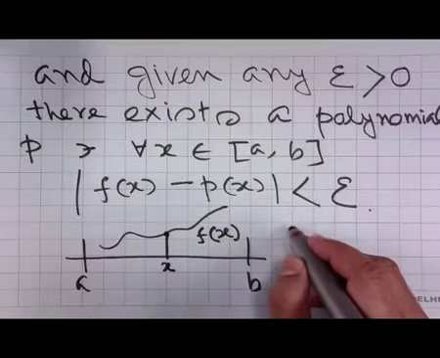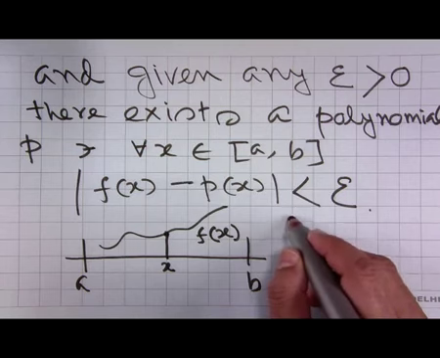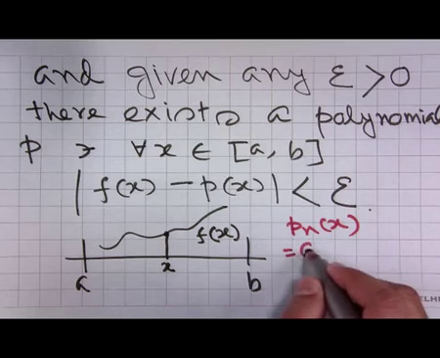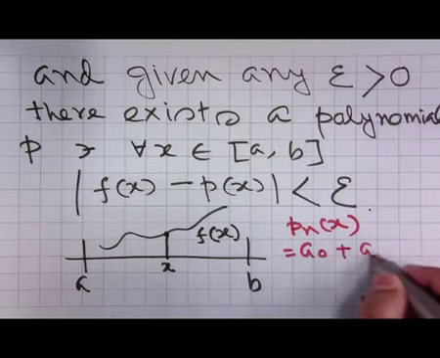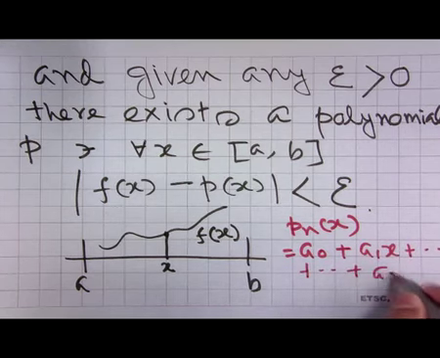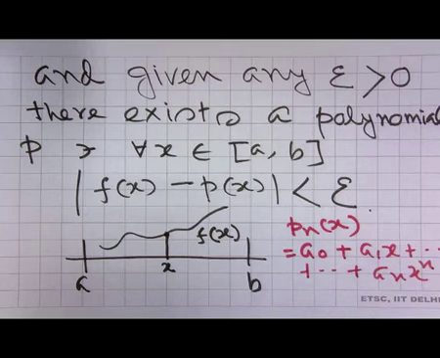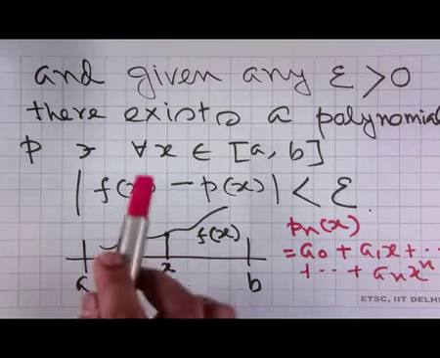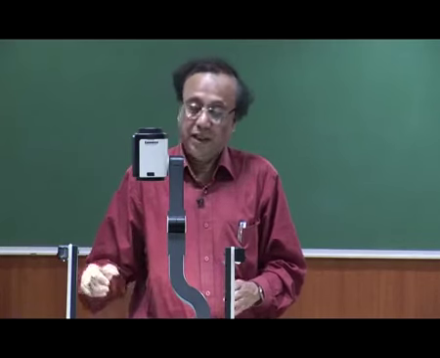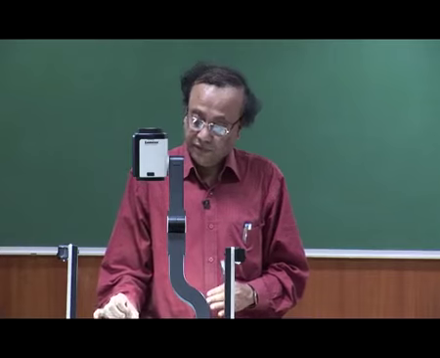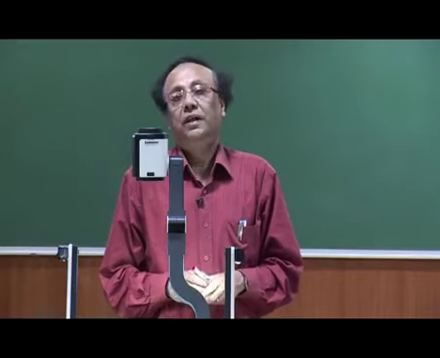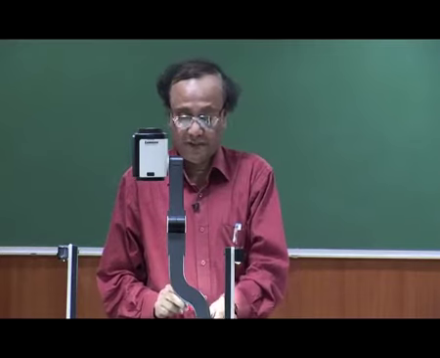And you all know that polynomial of degree n is of the form, say a 0 plus a 1 x plus a n x to the power n. So, depending upon the value of epsilon, we can choose a large n, so that value of the polynomial will be close enough of the functional value f x.